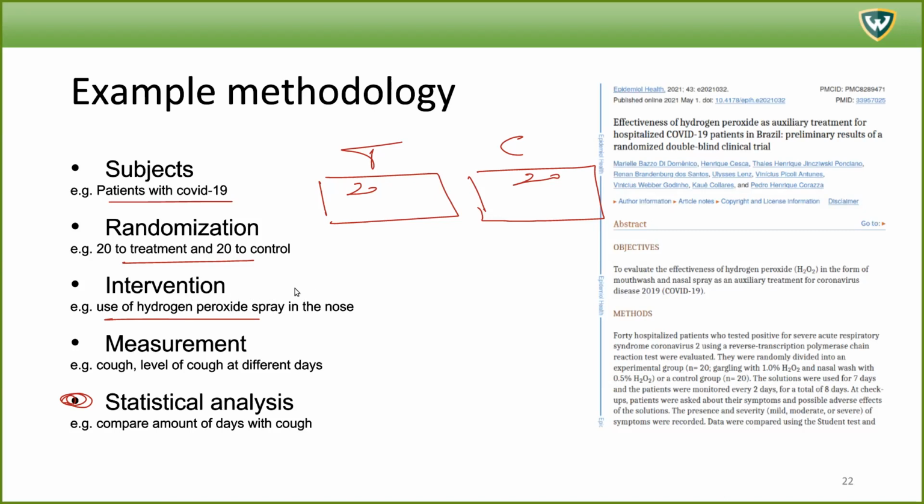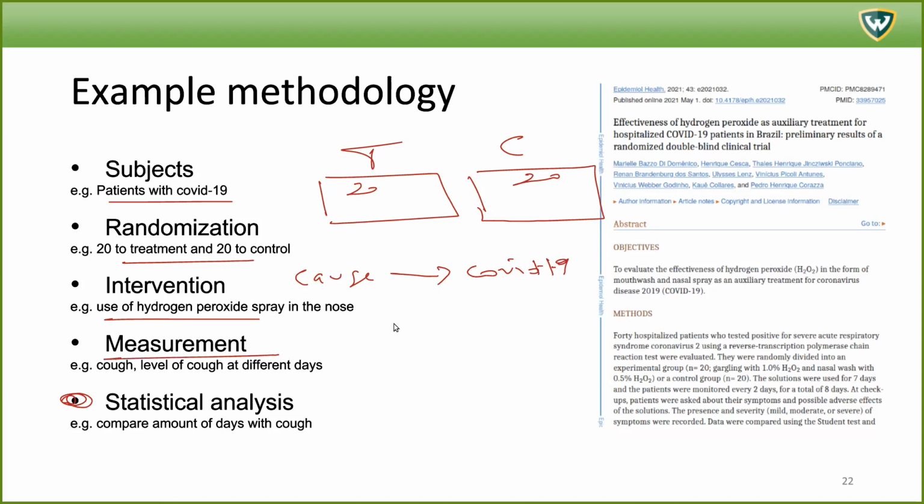Usually the intervention is the cause for the thing that you're trying to address, which is COVID symptoms or COVID treatment. So usually the intervention is the cause, and then your outcome of interest is what you're trying to address or treat.